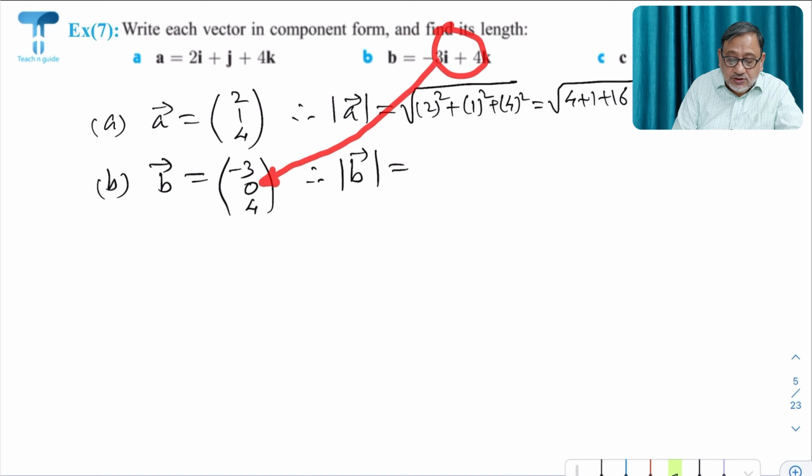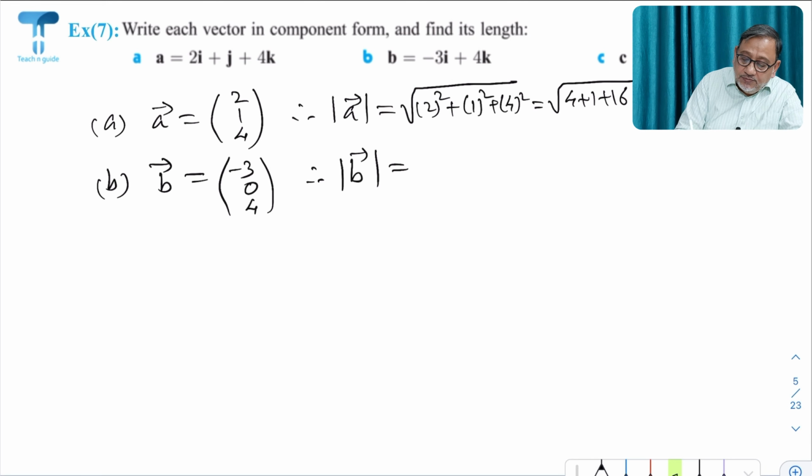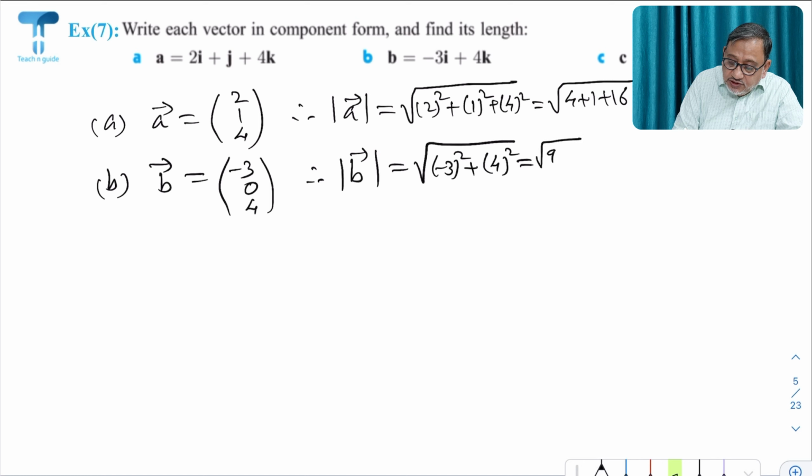J is absent, so therefore we will write the Y component as 0. J goes with Y, so the Y component will be 0. So this will be square root of minus 3 square plus 4 square. So 9 plus 16, 25, which will be 5 units, right?